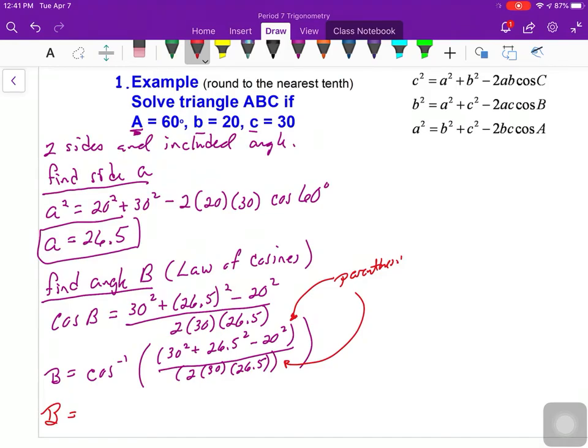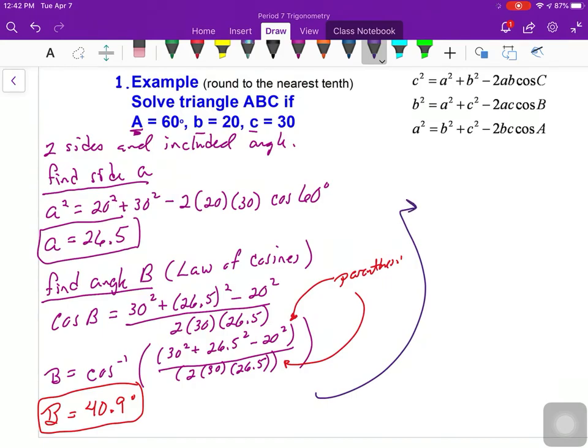So for B, I get inverse cosine, and on the top 30 squared plus 26.5 squared minus 20 squared, all of that divided by the quantity 2 times 30 times 26.5. I get 40.9 degrees. And then since we're trying to solve it, we also need the angle C.